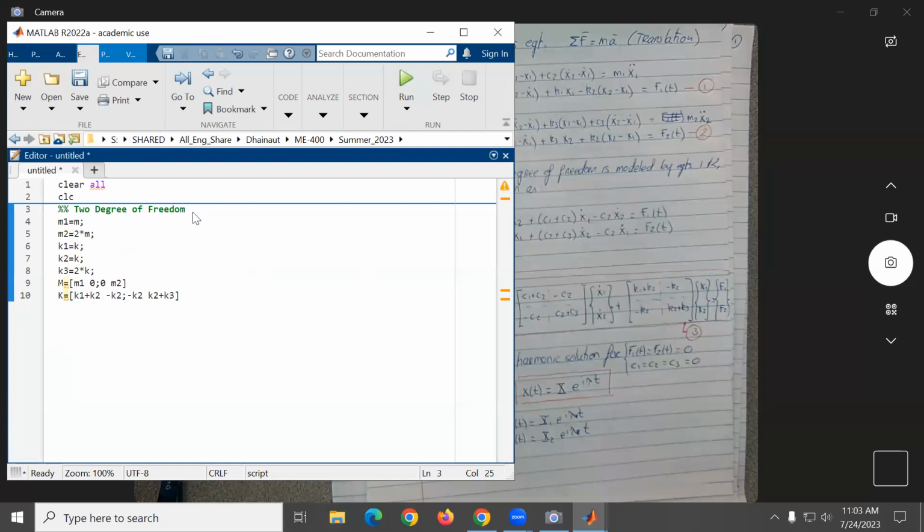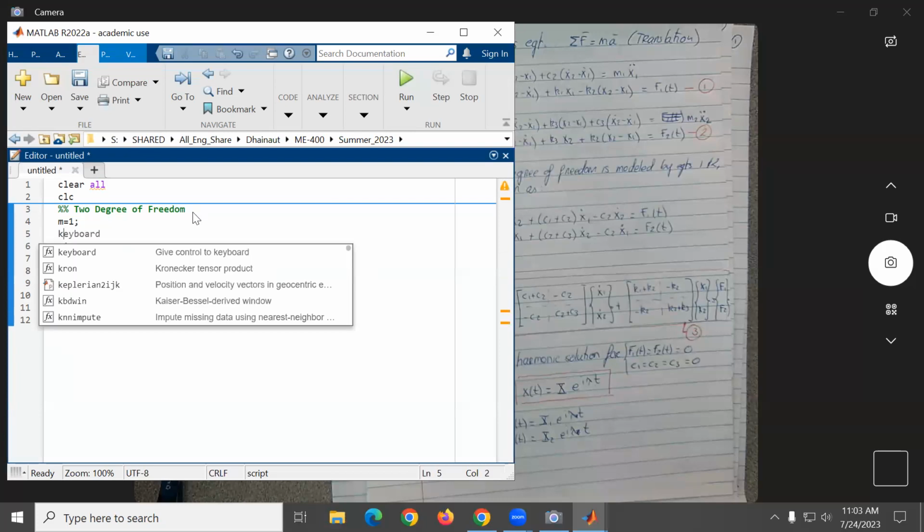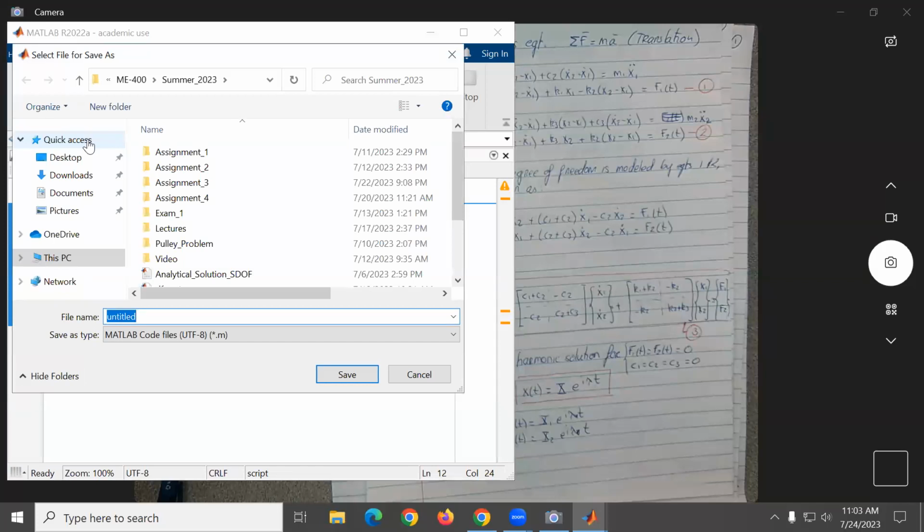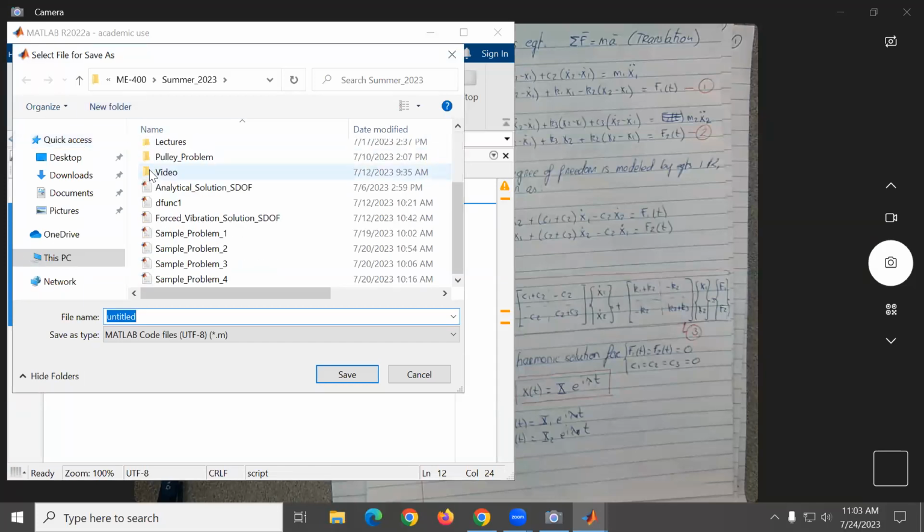And then we say in this one that M was equal to 1 and K was equal to 1. Okay, so let me save this. This will be the eigenproblem. I save this file as eigenproblem.